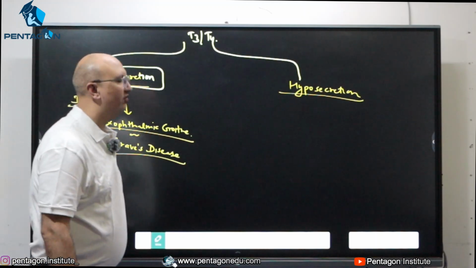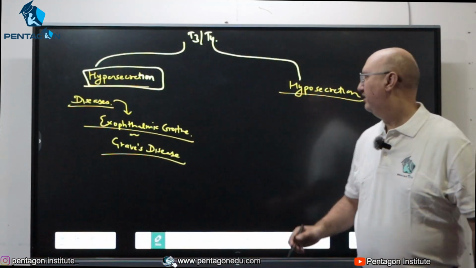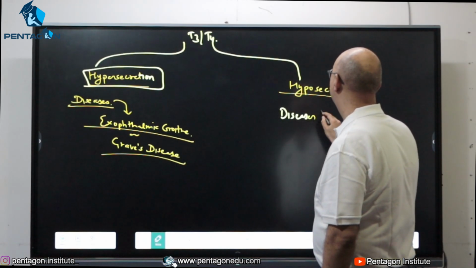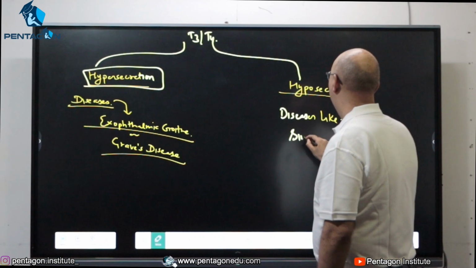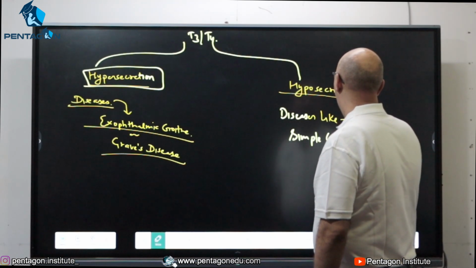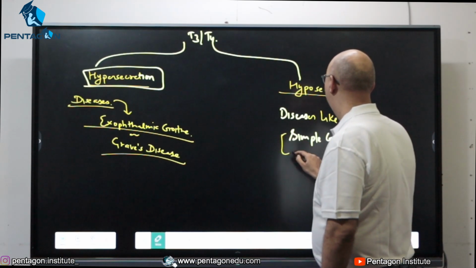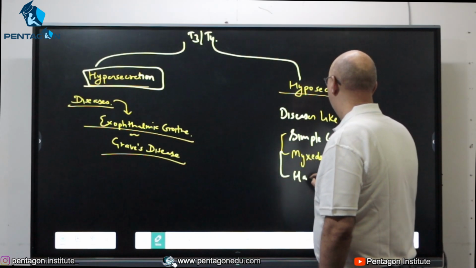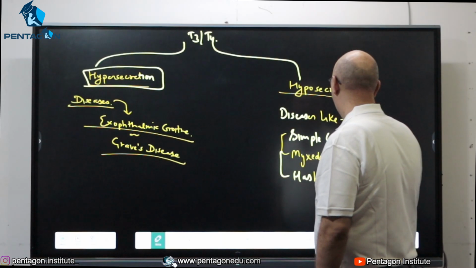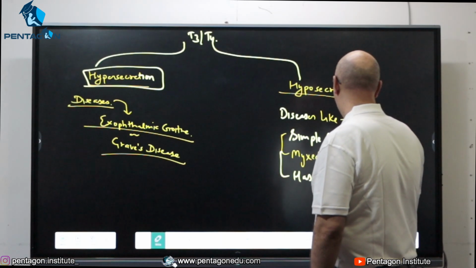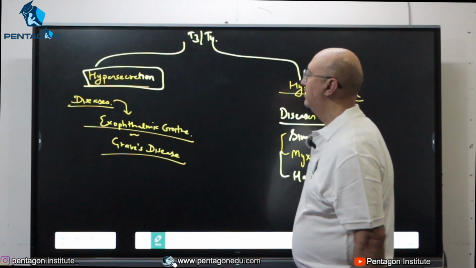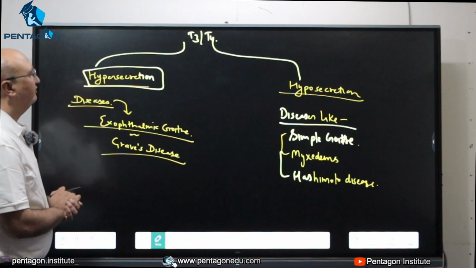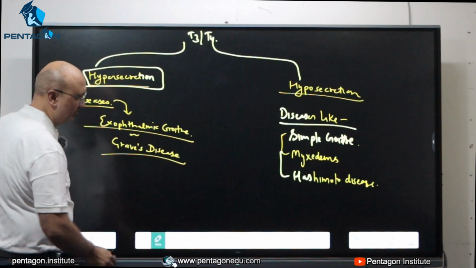On the other hand, at the time of hyposecretion, there are diseases like simple goiter, myxedema, and Hashimoto disease. So these are the diseases which are caused by the hyper and hyposecretion of T3 and T4, or the thyroid hormone.